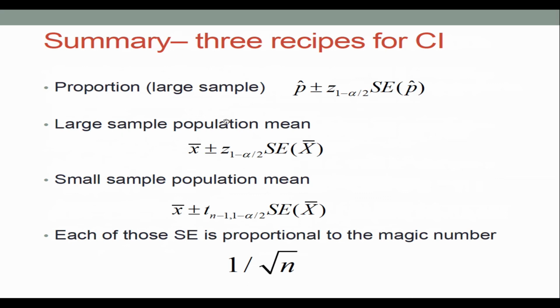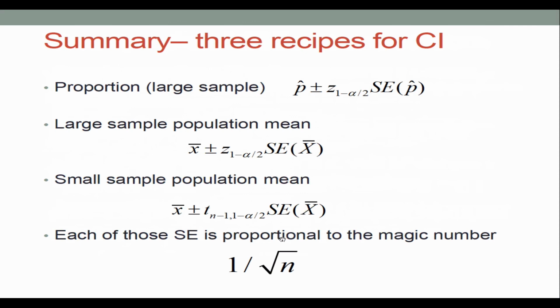And for the large sample population mean, we're using the sample mean plus or minus this part you derived from the standard normal distribution. The last one is for the small sample population mean. We just replace the critical value obtained from the Z distribution, the standard normal distribution, by the T distribution. And pay attention to the standard error for those three parts.